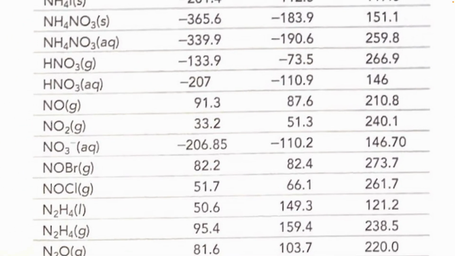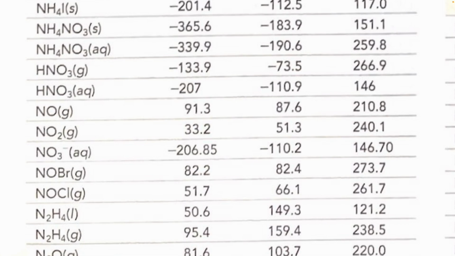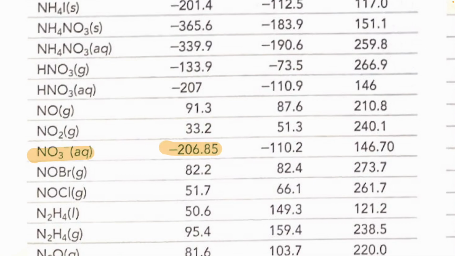Everybody take a second and copy down the value that we need for where you see one of our compounds here. Right, you need an exact match. We know about nitrate, but that's not in our chemical equation at all.